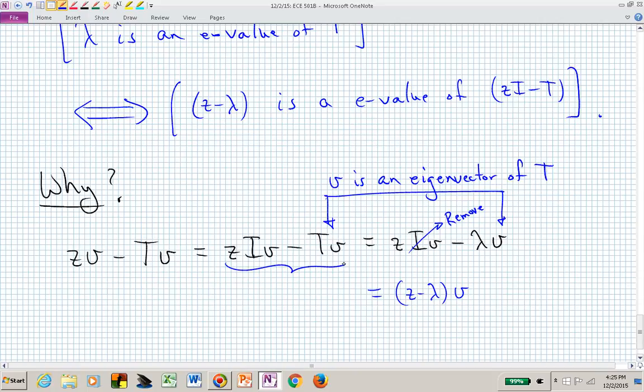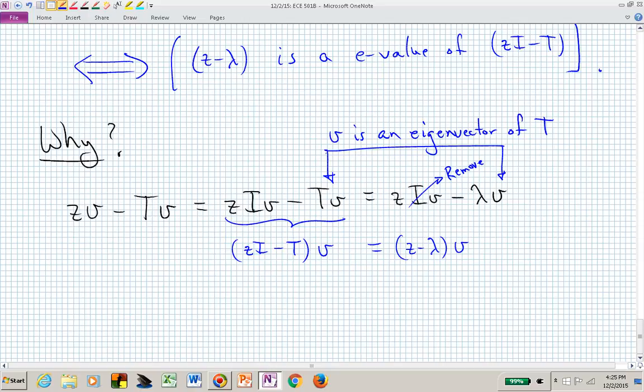But what does this give me? If I factor the v out of the right-hand side of that, I now have this matrix zI minus t times v. And I hope that this structure looks familiar. This is now some operator times a vector equaling a scalar times that same vector.